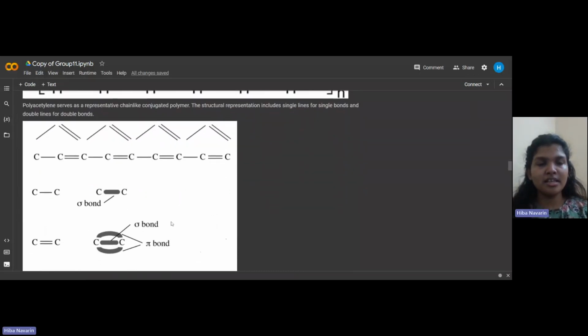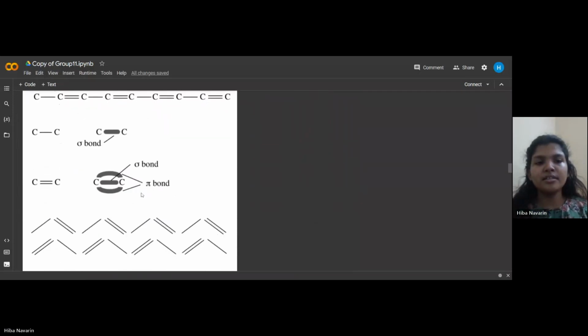Here are some of the representations of polyacetylene compounds, and we can see the same compound can be represented in either of these two ways, and it would not be wrong. So that leads to some interesting properties, which we will see.